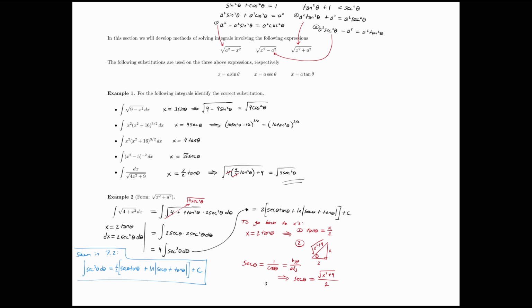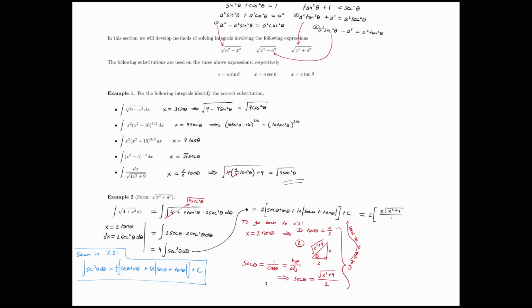So then all of this can be used to rewrite, to go back to x. In this case, this would become 2 times the quantity: if we multiply secant of theta by tangent of theta, we would have x square root of x squared plus 4 all over, what's that going to be?